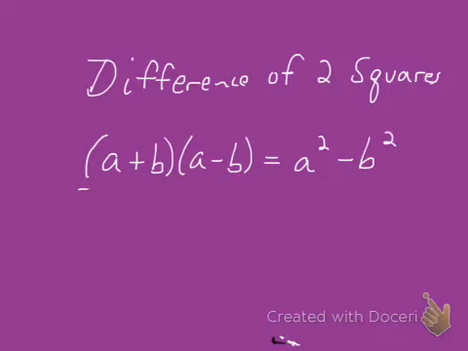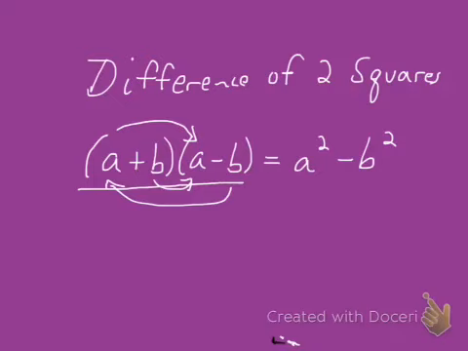Okay, in this part right here, you notice we have the exact same thing with our variables a and b, except one has addition and one has subtraction. What happens when you have that? If you were FOILing this, you would get a squared, and then for your outer and your inner, a negative ab plus ab, which would disappear.